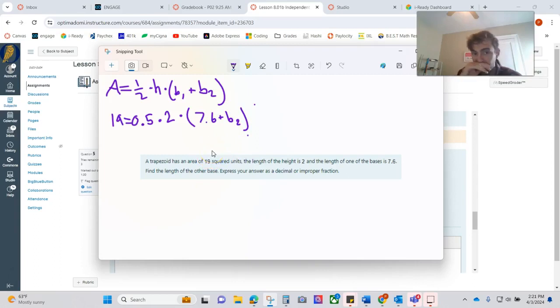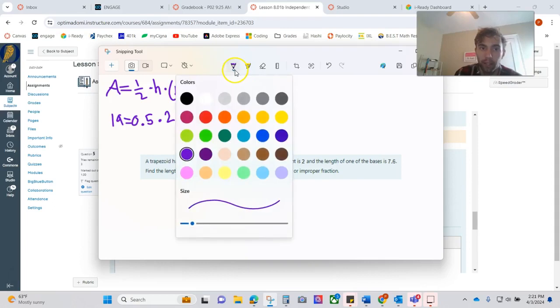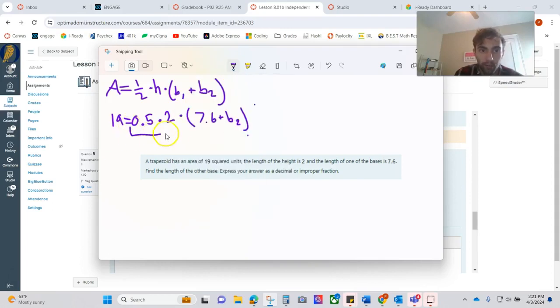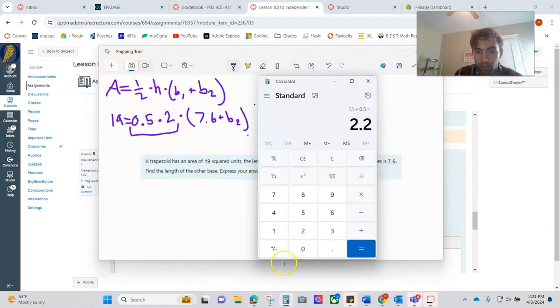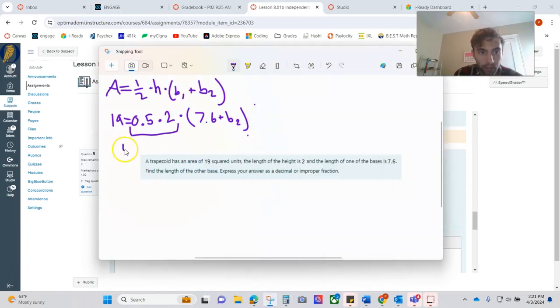All right, let's simplify before I start doing opposite math. I can simplify this. 1/2 times 2. 0.5 times 2. That is 1. So 19 equals 1 times 7.6 plus the second base.